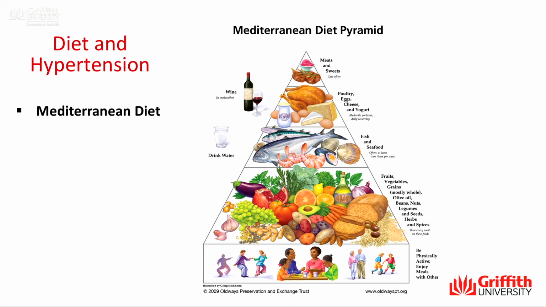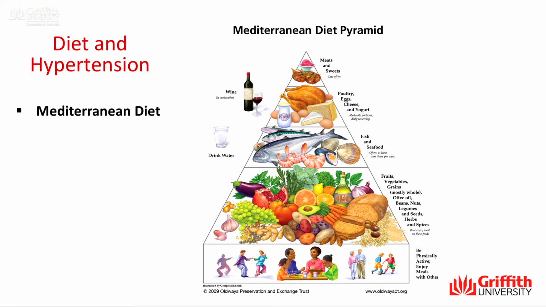They're both easy to adhere to and they're both palatable. They both recommend a high intake of fruits, vegetables, whole grains, nuts and unsaturated oils, and also recommended the reduction of red and processed meats. So this is in accordance with recommendations of cardiovascular health.